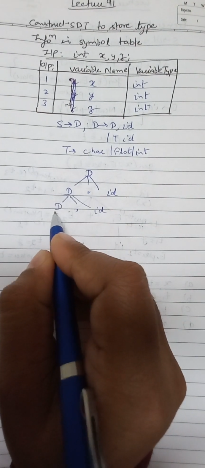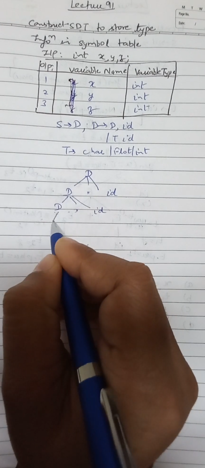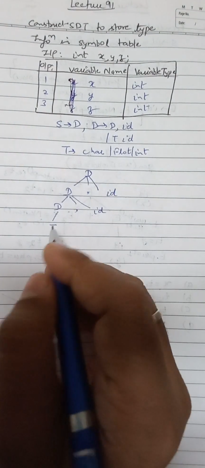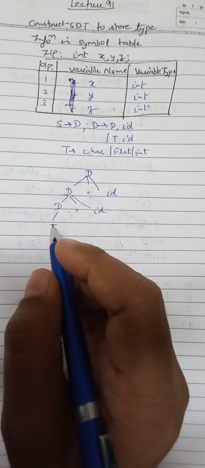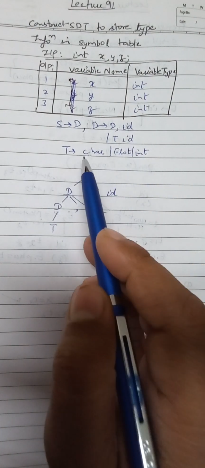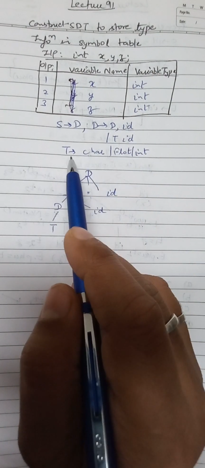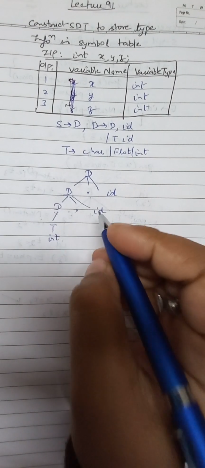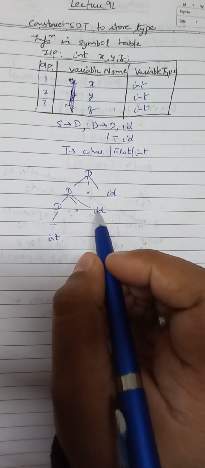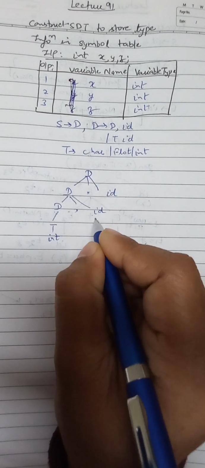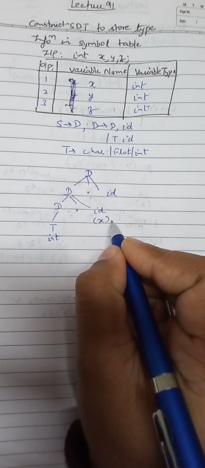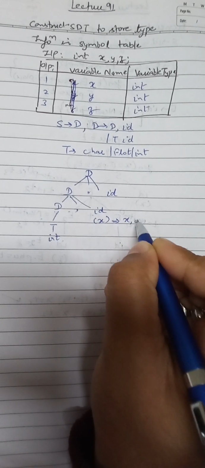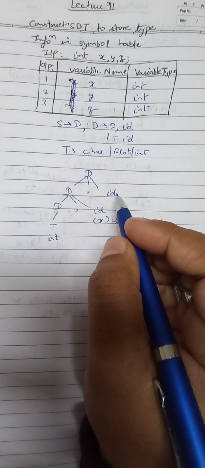Now D tends to, T is also there, so you'll write D tends to T and T tends to ID. T can be character, float or integer, so we are taking integer because the variable type is integer. And here X, ID, so initially we are taking X and we can say X integer.